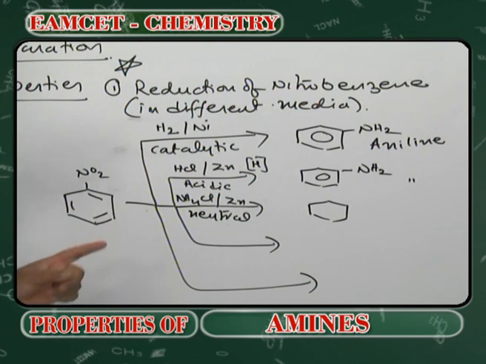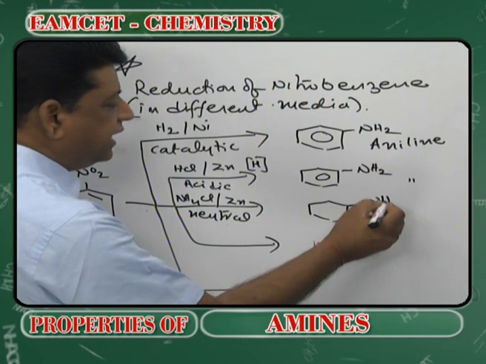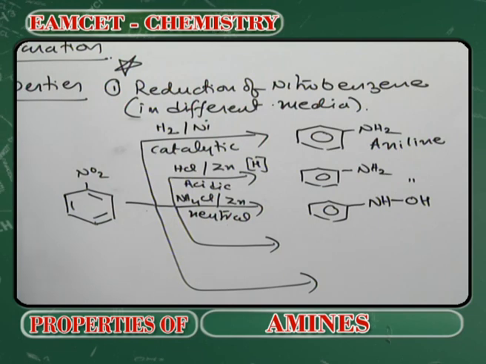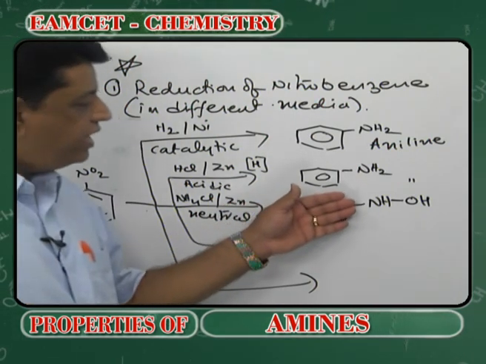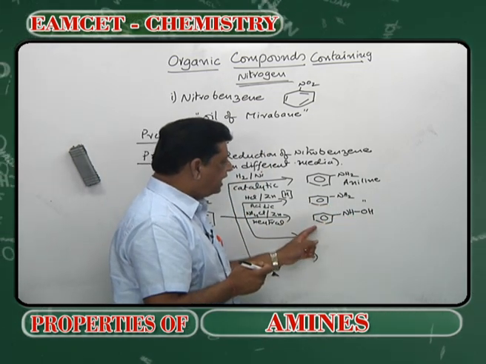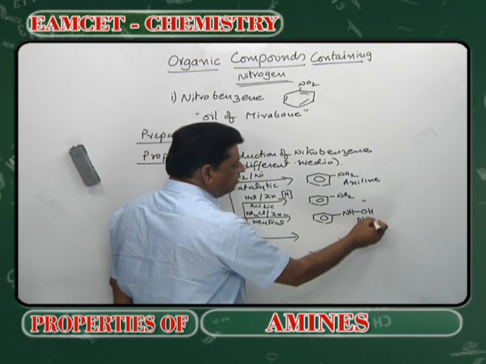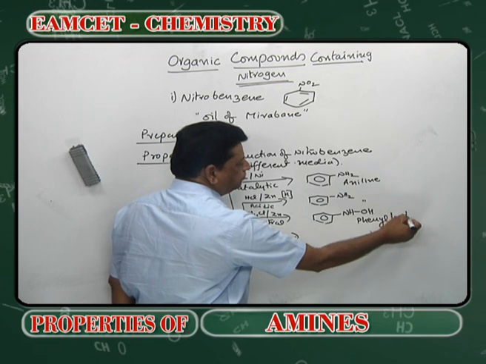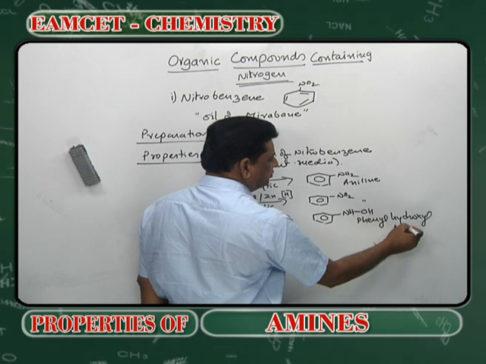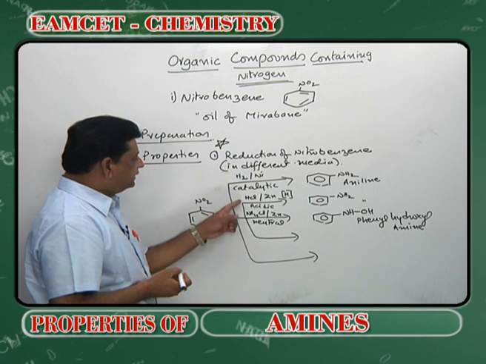If out of the 2 oxygens only 1 oxygen is reduced, then half reduction is taking place, right? That is what is happening here. See, 1 oxygen still is there. This product is called phenyl hydroxylamine, N-phenyl hydroxylamine, a phenyl containing hydroxy containing ammonia. This is acidic, this is neutral.